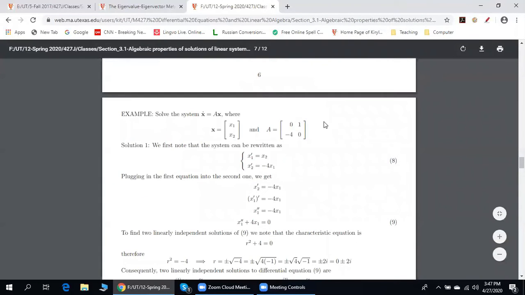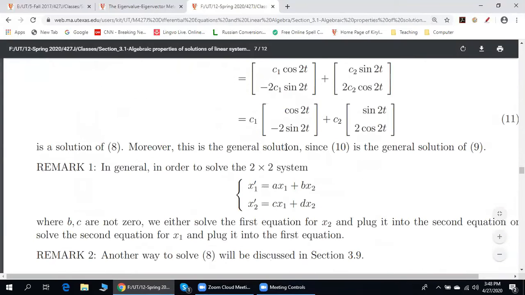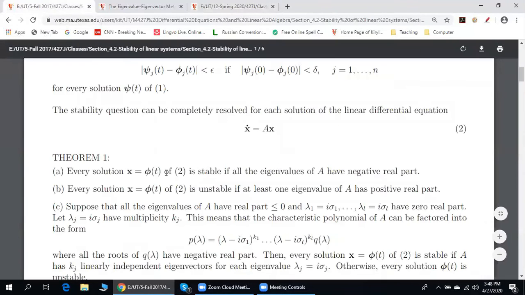Over here, we have this system of equations, and here is the general solution. All components are bounded functions. All solutions are stable. They cannot drift far from each other because sine and cosine are between -1 and 1. Does this make sense? Yes, thank you.